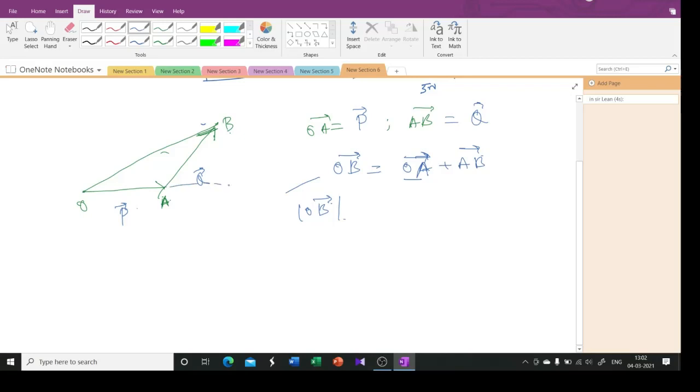So what we do is we drop a perpendicular here and we name it D. Now, without bringing vectors into play, we think of this as a right angle triangle. We need the magnitude, right? Magnitude is the length of the hypotenuse. And this is the angle between these vectors. So what is the angle between them? This is the angle between them, theta.